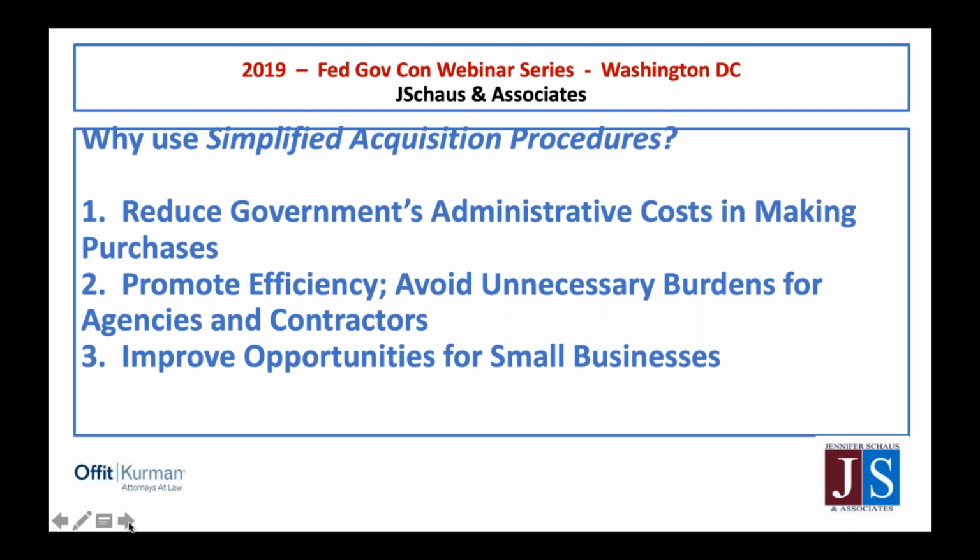And it also is designed to improve opportunities for small businesses, which was one of the points in the passage of FASA, which we just discussed. And in that respect, it also helps government in terms of meeting its small business goals, which it seems to be, based upon recent history, attaining each and every year.